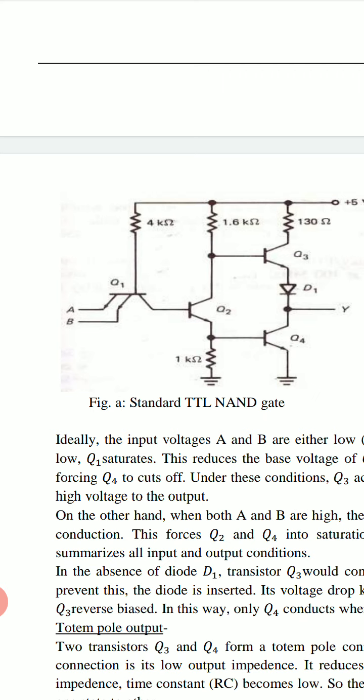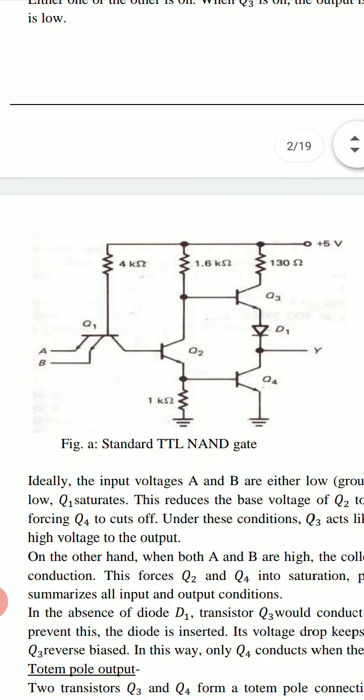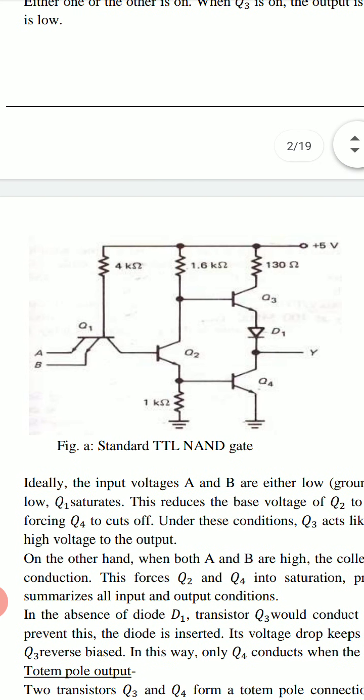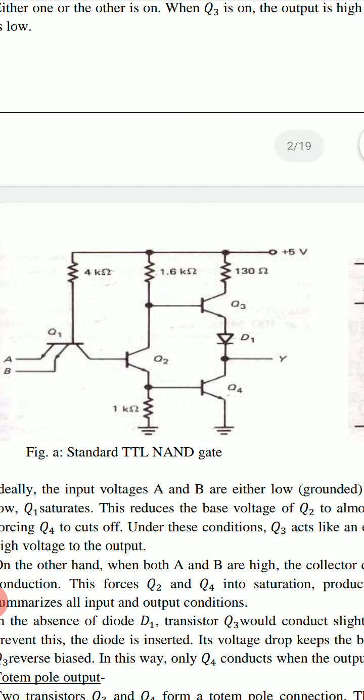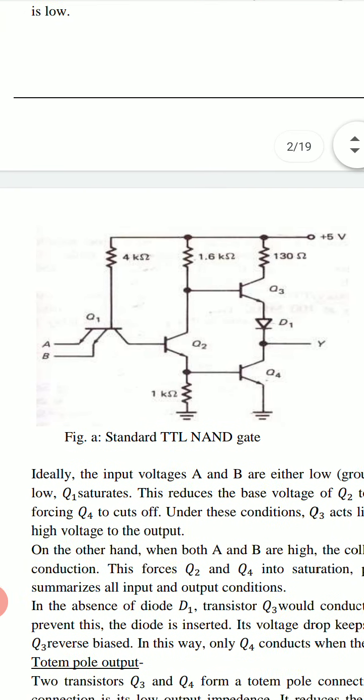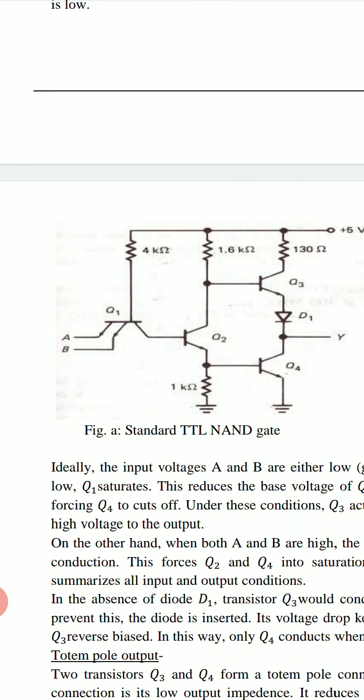Each emitter behaves as PN diode, and with this 4 kilo ohm resistance and plus 5 volt supply voltage, it behaves as AND gate.